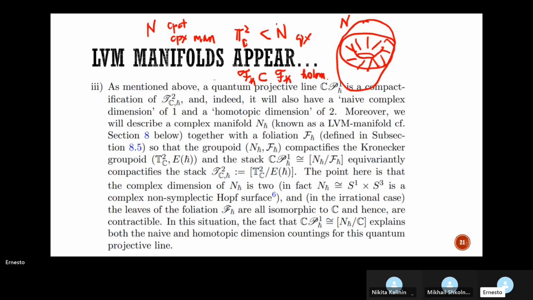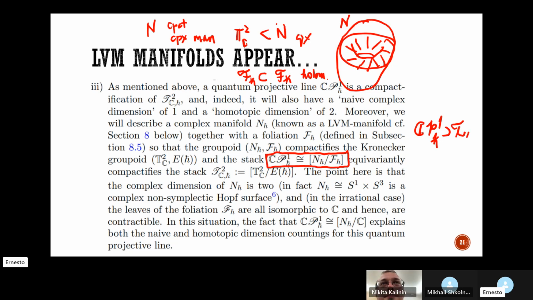And so that CP1 becomes itself the space of leaves of the foliation. And now, in a foliation sense, it is that CP1 contains T1.